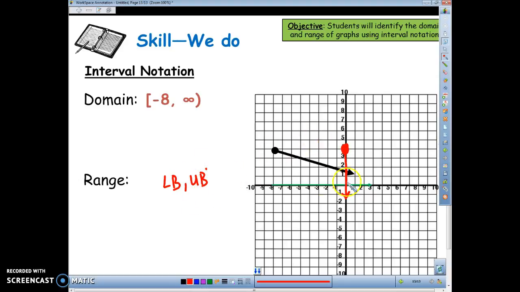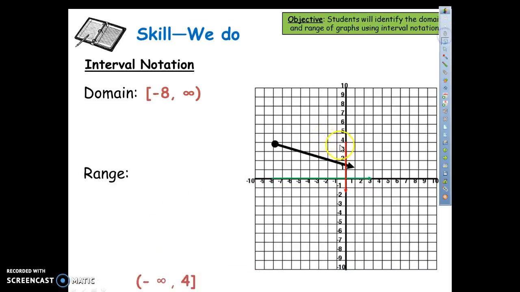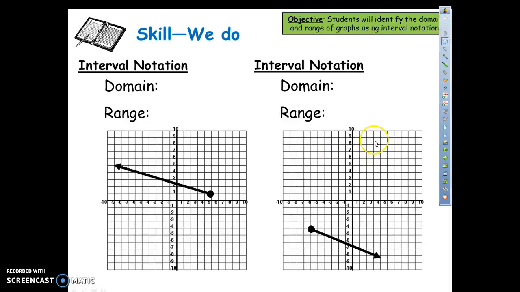My lowest value here for the range is going to be -infinity. My graph exists from -infinity all the way up until this value at 4, -infinity to 4. I use parentheses for infinity, and my 4 has a closed dot, so that's going to be a bracket. -infinity to 4 is my range. We'll look at a couple more examples here.